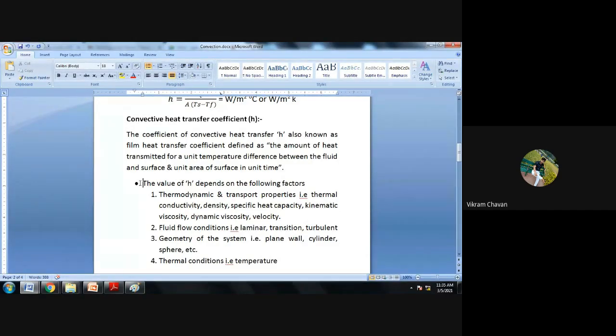The first one is thermodynamic and transport properties.